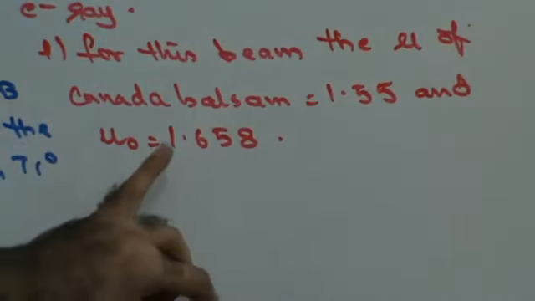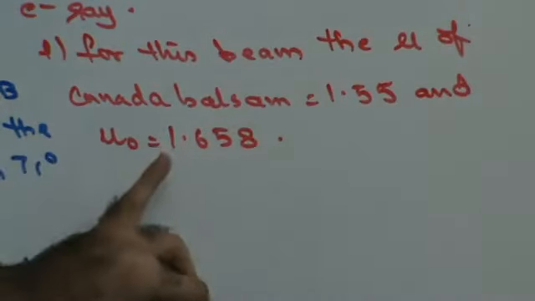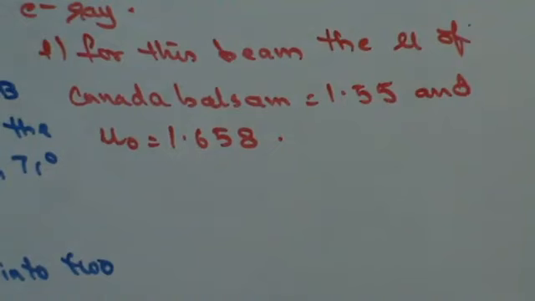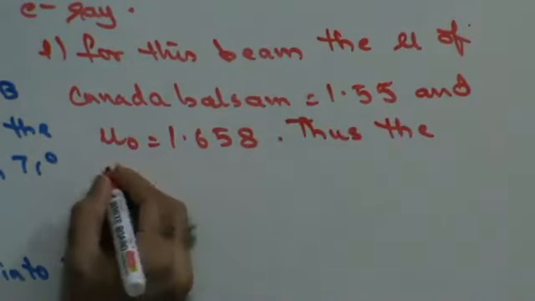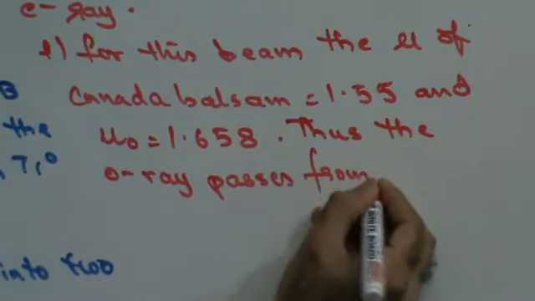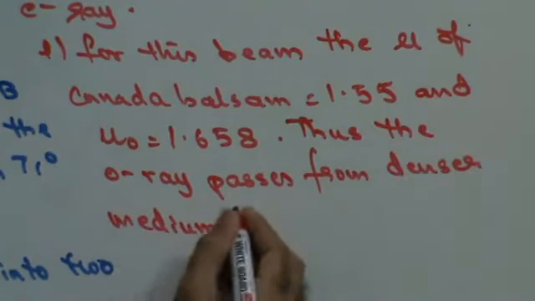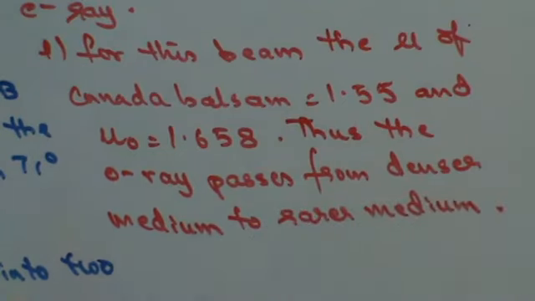That means it is going to pass from a denser medium to a rarer medium, right? So thus the ordinary ray passes from denser medium to rarer medium.